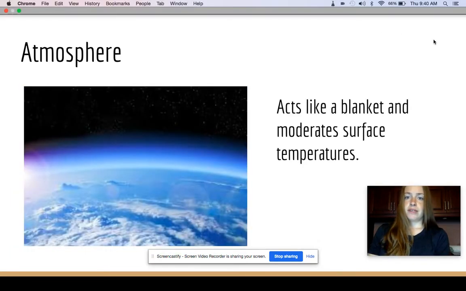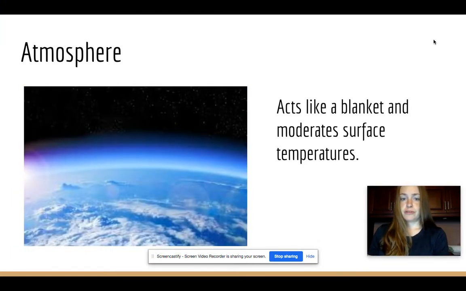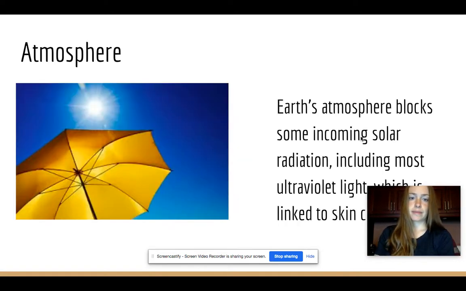One of the reasons why it's crucial for life on Earth is because it acts like a blanket. During the day, it'll prevent temperatures from getting too hot, and then at night, it'll prevent temperatures from getting too cold. Without this, with extreme temperatures, we would not be able to have any life on Earth.